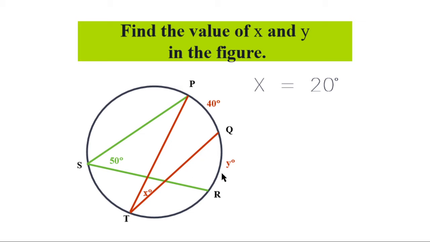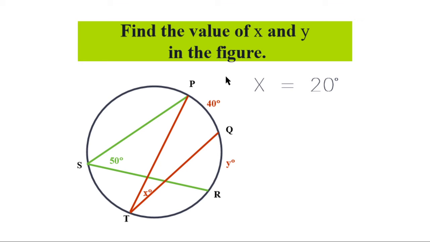And for the y part, we are given the value of its inscribed angle, which is 50 degrees. So we need to multiply it by 2. If we multiply it by 2, we will have the intercepted arc PQR, which measures 100 degrees.